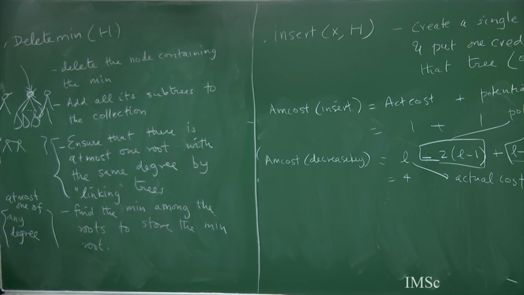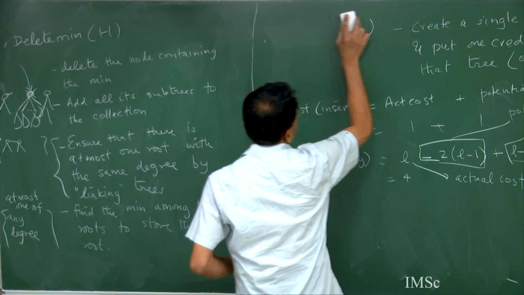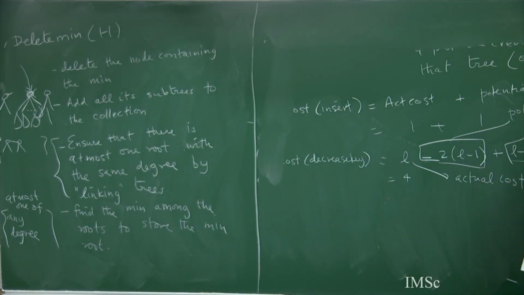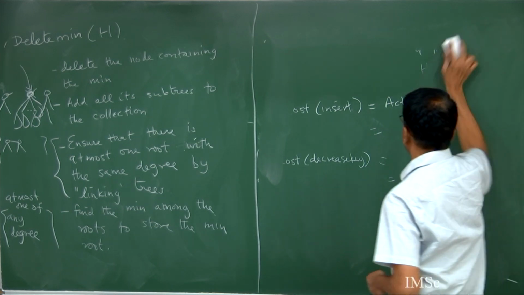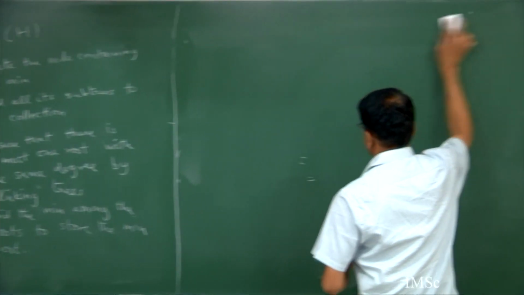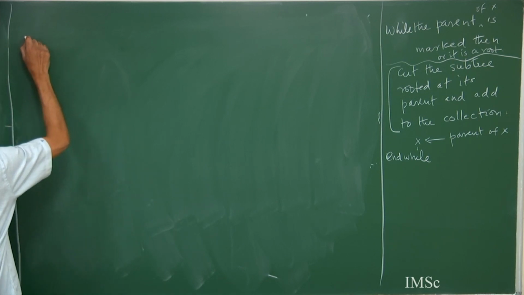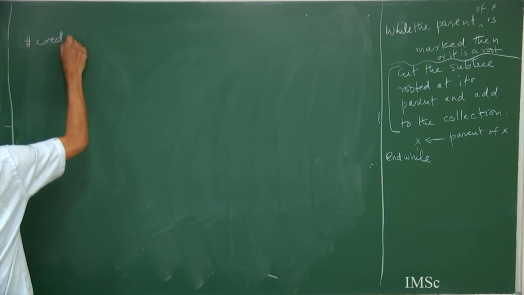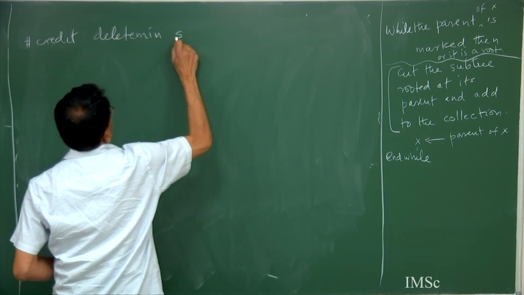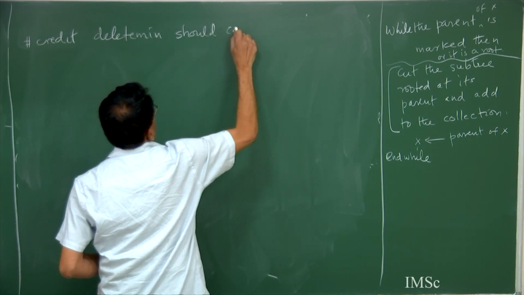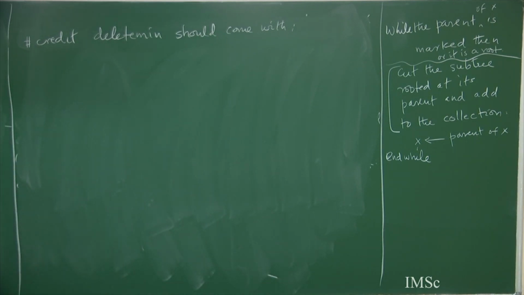And how much credit should delete min come with, right? To pay for the entire operation, how much credit should it come with? Well, just deleting the node, some 1 unit here.